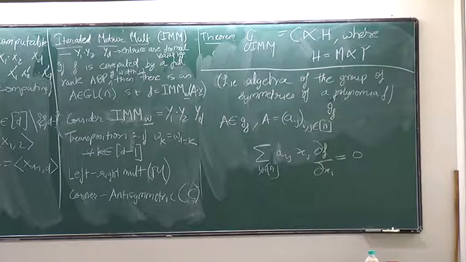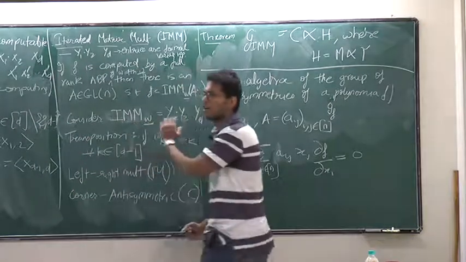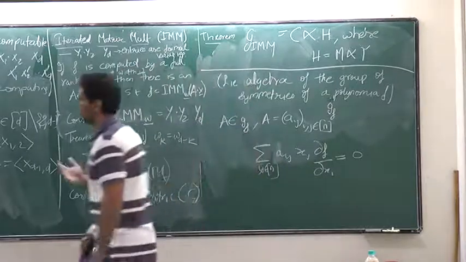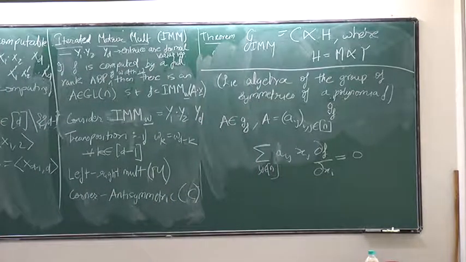So what we do is we study the Lie algebra of IMM to begin with, and if f is computable by a full rank ABP, I'll just define this equivalent polynomial.